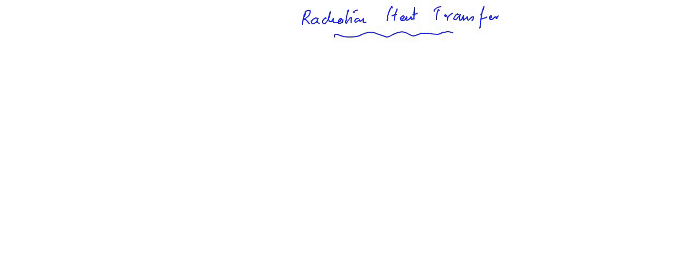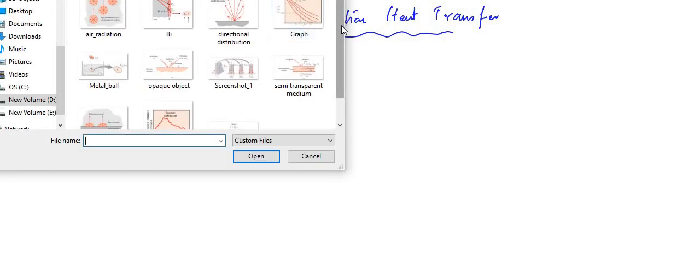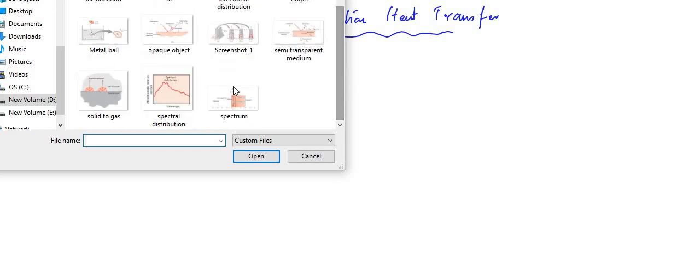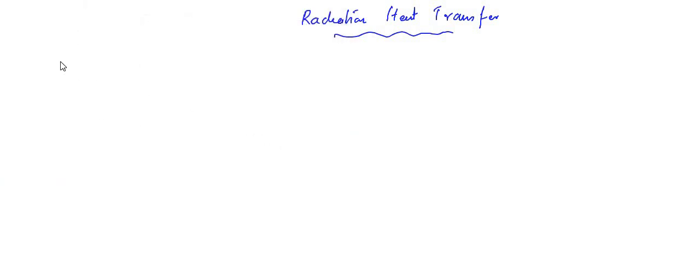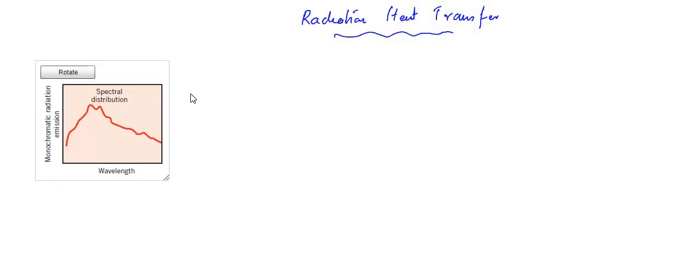Now that sort of behavior or nature is called the spectral behavior or spectral nature. I'll just show you an image of that. Okay, I'll just bring in the figure. So the spectral distribution is given here.